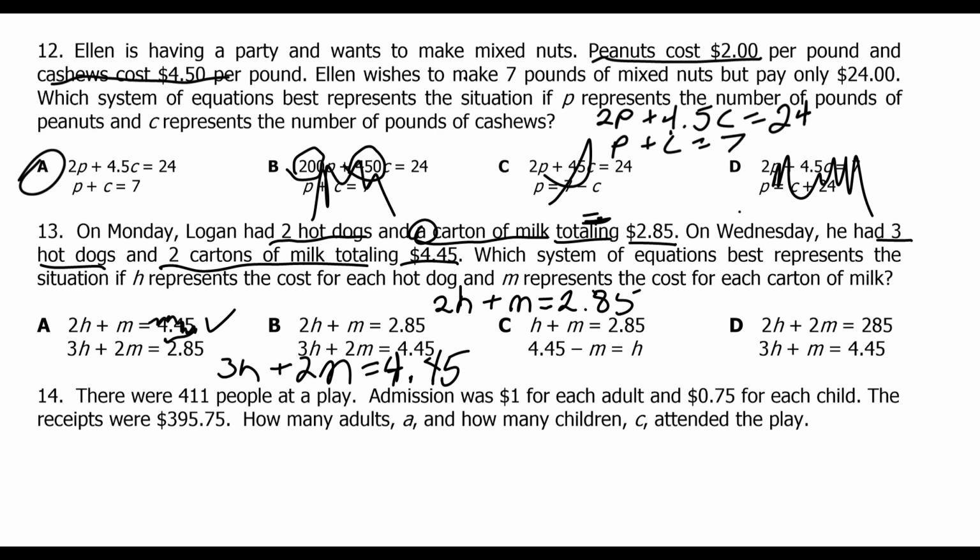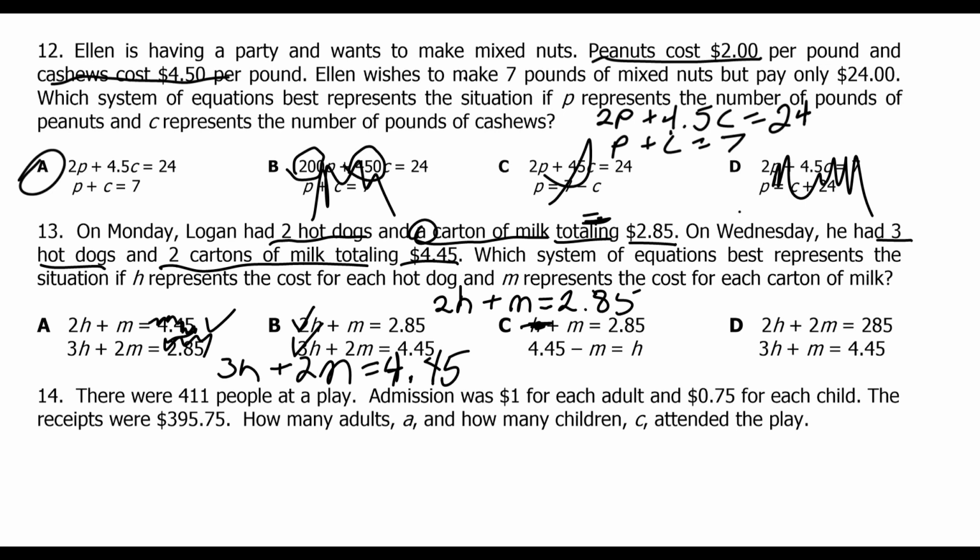So B works on both levels. On C, we've got H plus M. At no point did it say just 1 hot dog and just 1 carton of milk, so that doesn't work. And then on the last one, it has us paying $285 for 2 hot dogs and 2 milks. Either those are really good hot dogs, or it's the wrong answer choice. Okay, so B.